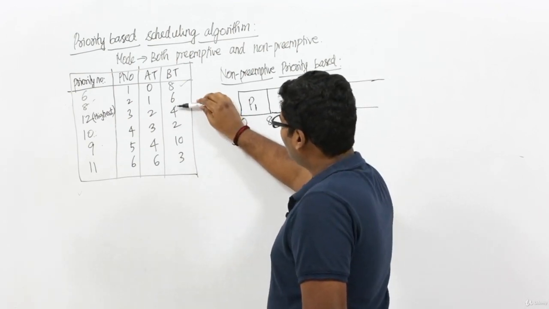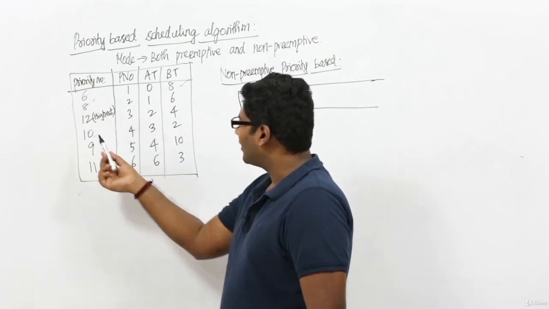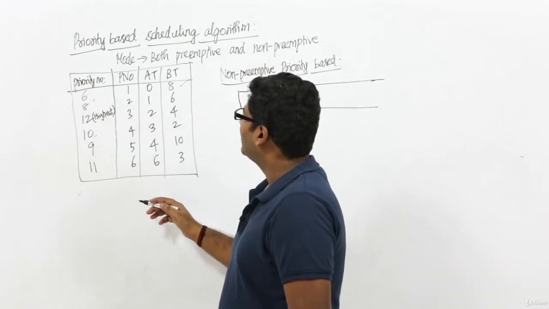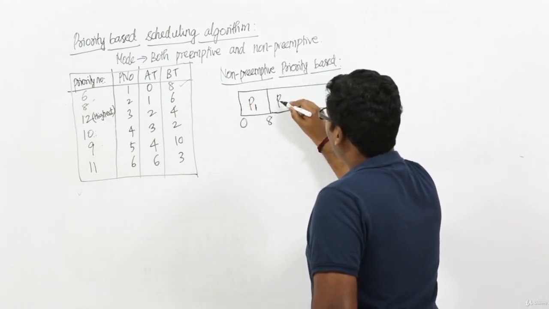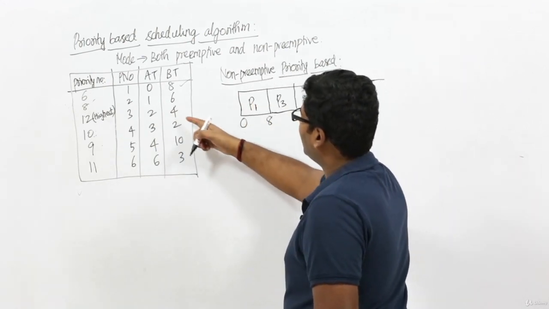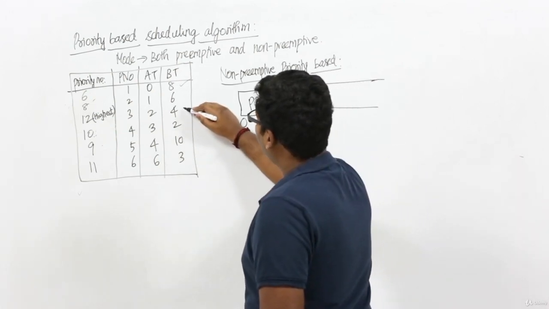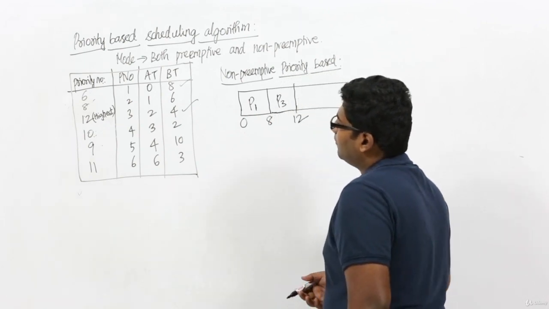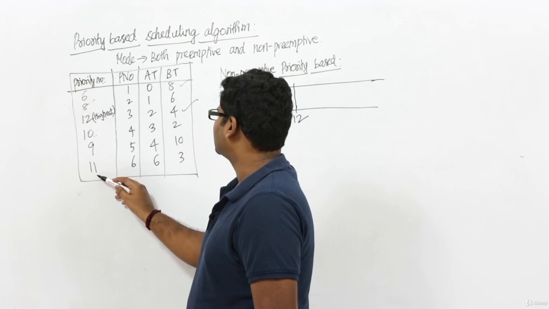Among these processes, we need to pick the process with the highest priority number, and it is very clear that P3 has the highest priority, right? So P3 will be scheduled and will run for 4 time units, so it will go till 12. P1 is done, P3 is also done. Now the next highest priority should be given to process P6, right?